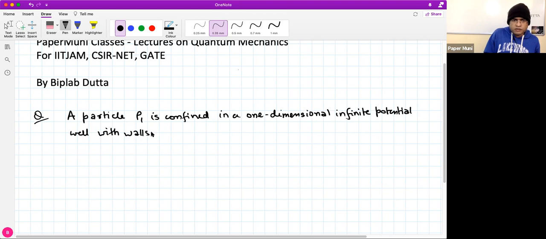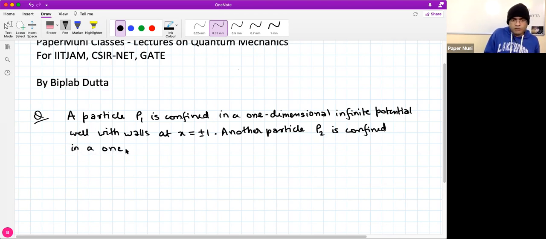With walls, okay, at x equal to plus minus 1. Another particle P2 is confined in a one-dimensional infinite potential well, with walls at x equal to 0 and 1. By the time you write it down, also understand what the question says, so the time is not wasted at all.